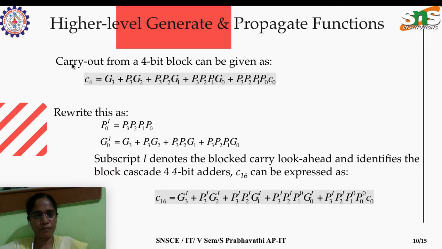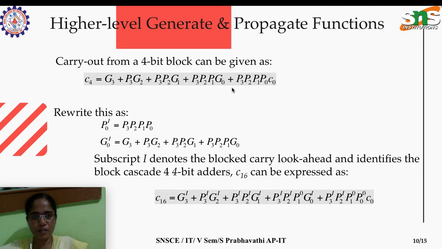Here is the higher level generate and propagate function. Higher level in the sense that our operand size is 16 bit or 32 bit. In the last 4 bit carry look ahead adder, this is the equation for C4. This is for one 4 bit full adder, and think of it, we need to perform a 16 bit addition instead of 4 bit. Then we could rewrite this equation like this.